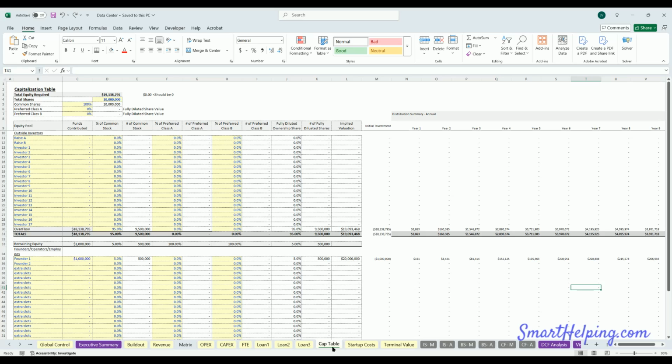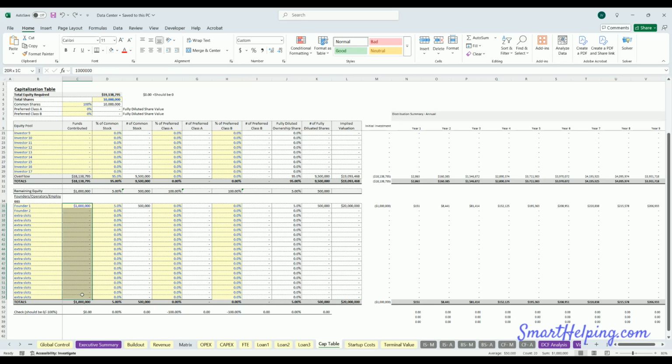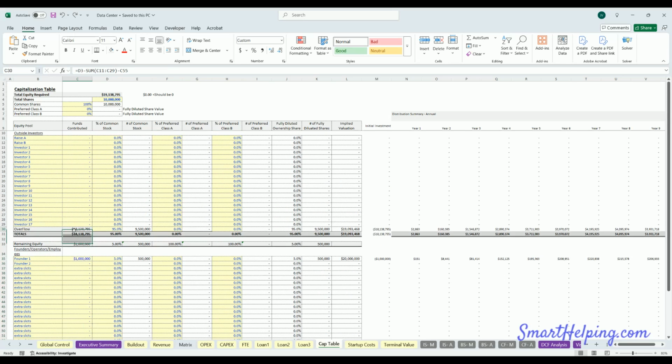Cap table. Here, the model is going to solve for the minimum cash you need to keep the cash balance above 0. So this is like your minimum equity required. You can define how much of that's coming from outside investors versus inside. And in the model, I have the fill for the overflow here, meaning any amounts not entered in the bottom section or here that haven't accounted for this full amount just fill into here, if any.